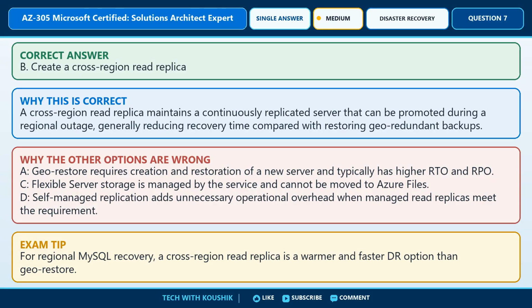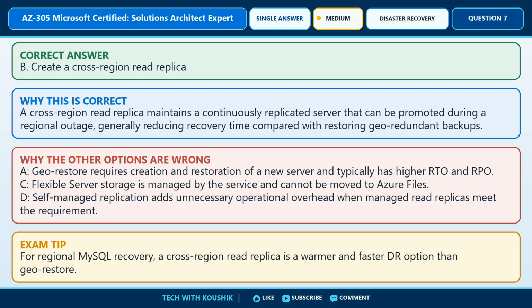The best answer is option B, create a cross-region read replica. The key reason is a cross-region read replica maintains a continuously replicated server that can be promoted during a regional outage, generally reducing recovery time compared with restoring geo-redundant backups. The other choices do not satisfy the requirement because A, geo-restore requires creation and restoration of a new server and typically has higher RTO and RPO.